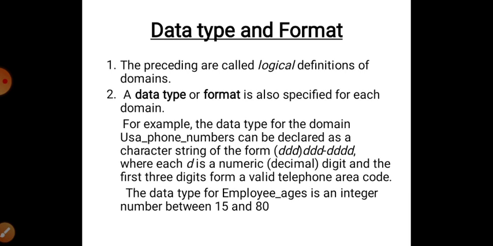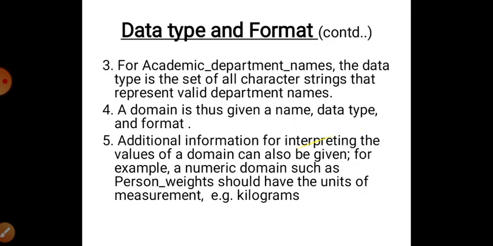The data type for employee ages is an integer number between 15 and 80. Data type and format, we will continue with this. For academic department names, the data type is the set of all character strings that represent valid department names. Point number 4.